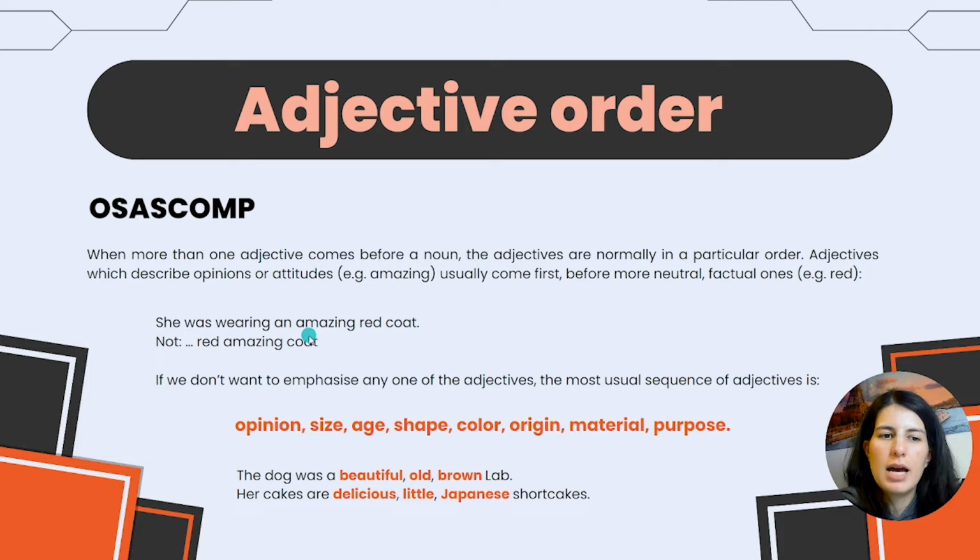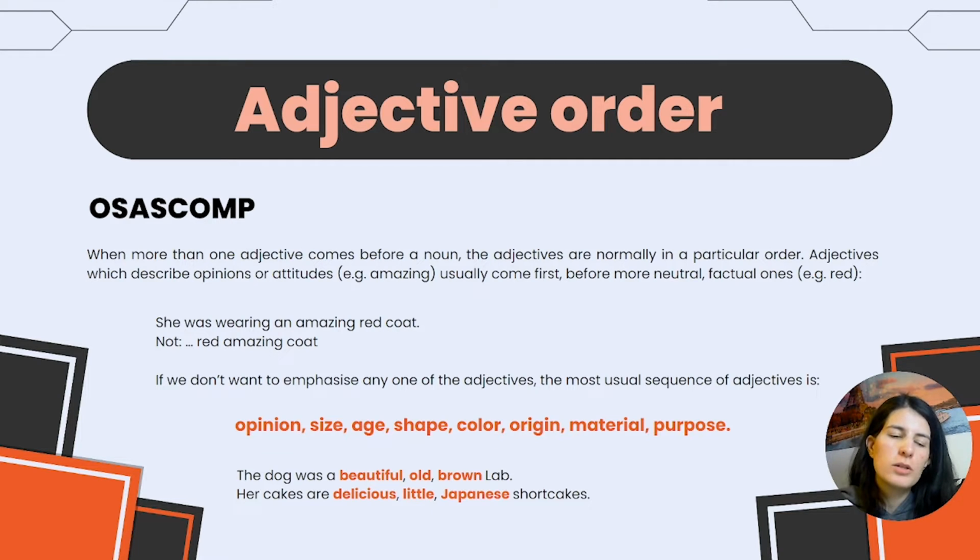So I have the adjective amazing and also the adjective red for coat. Now this order, amazing, red, is the only possible order for native speakers of English. It's sort of an untold rule that everyone just knows how to do. So it would not be possible to say something like red, amazing coat. The order is not correct, right?